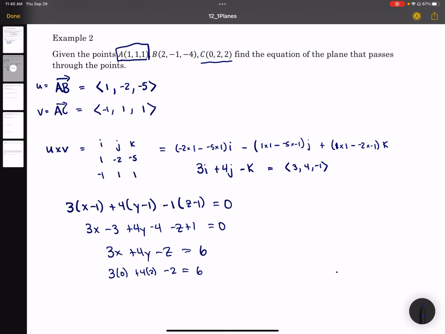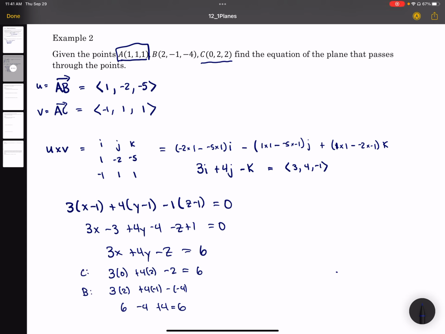So that checks out. And quickly, if we wanted to, we could check point B as well. We get 3 times 2 plus 4 times negative 1 minus negative 4. So that's 6 minus 4 plus 4, which is also 6. So this is us checking point B, and this is us checking point C.